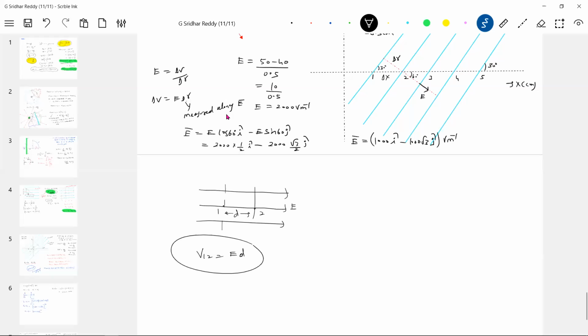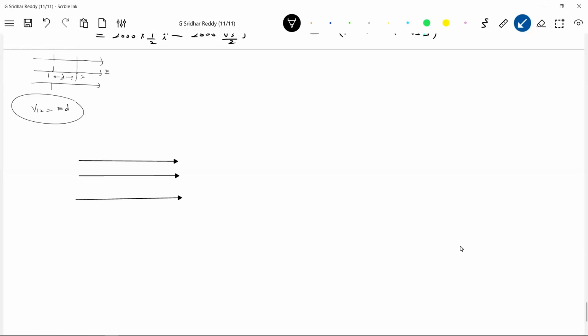If I have a field, what are the possibilities? Is it possible to have such a field?